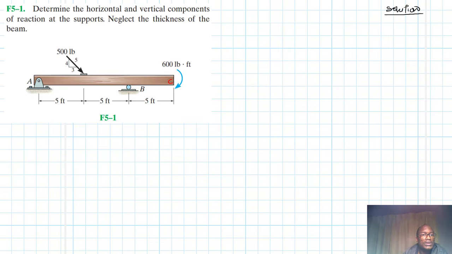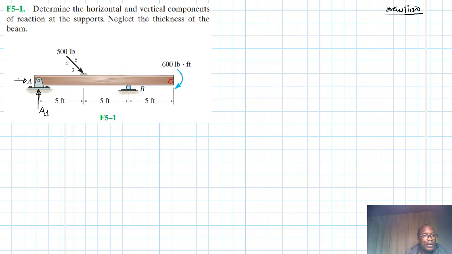Right, so first things first, let's draw the free body diagram. At the hinge A, we expect two reaction forces. We'll have AY, and we also have AX.